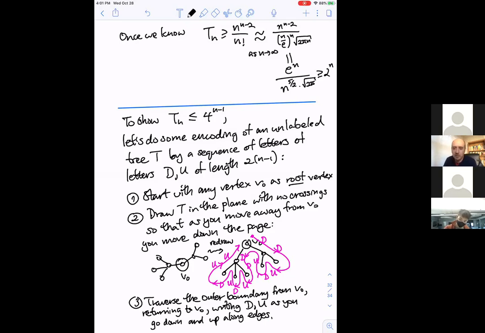By the way, this traversal is sometimes called a depth first search of the tree, but let's not worry about it.